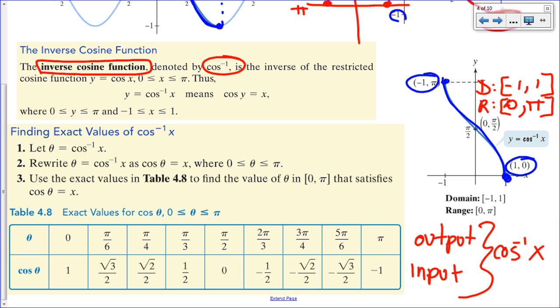Very good. Leslie, cosine inverse of negative square root of 2 over 2. Very good. Sean, cosine inverse of the square root of 3 over 2. Pi over 6. Okay. Dima, cosine inverse of the square root of 2 over 2. Pi over 4. Good. And Gabriel, cosine inverse of 0. Pi over 2. Very good.